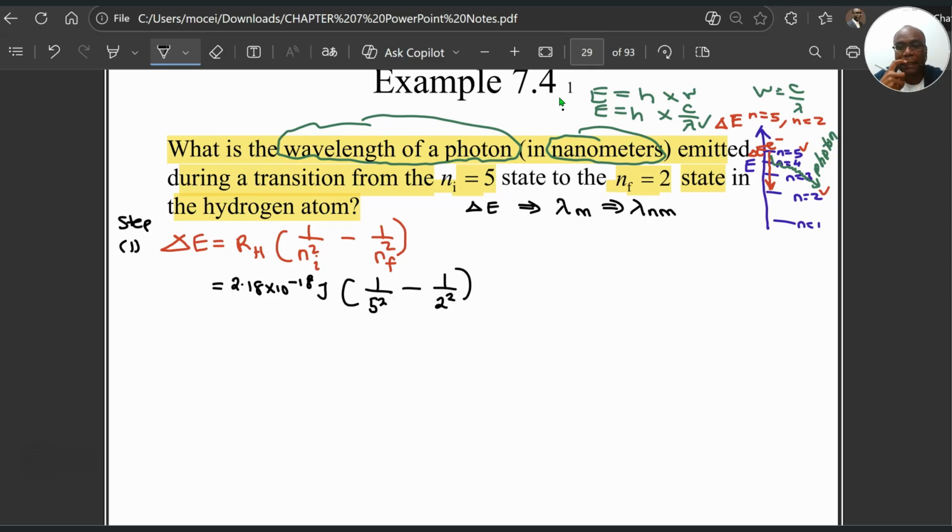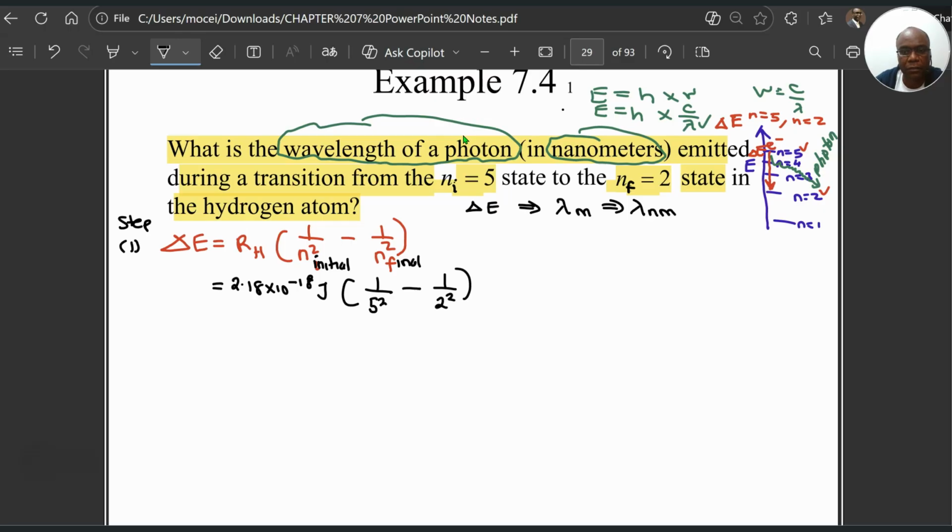I'm just plugging in the values of n initial and n final. I here stands for initial, F here stands for final, and I see I'm given nF and nI. So all that is left is for me to do the math.